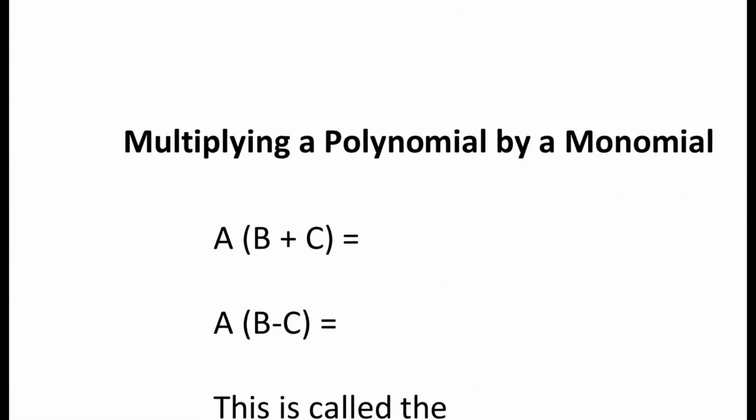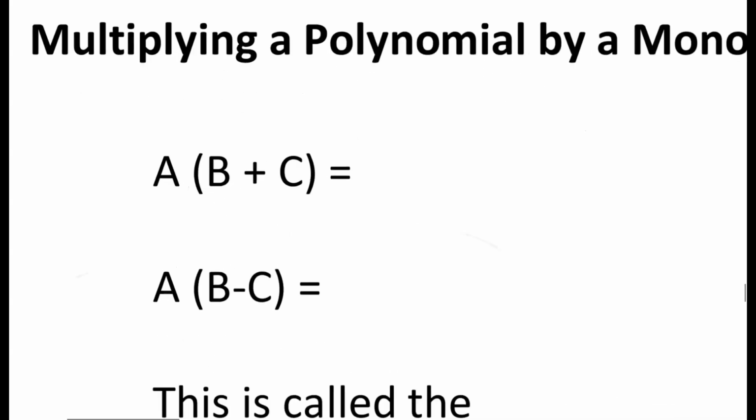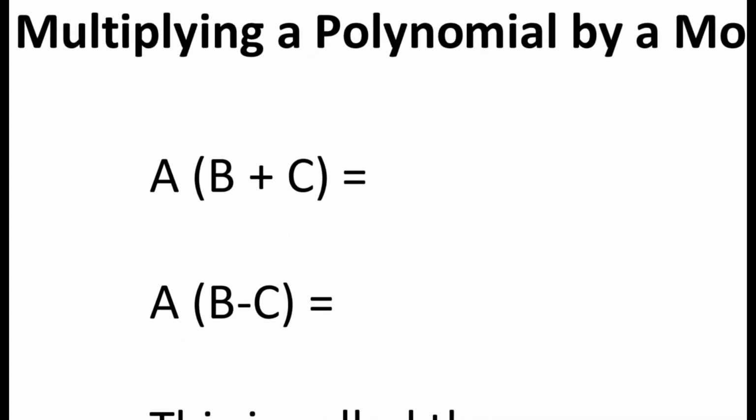Now, looking at multiplying a polynomial by a monomial, what this means is we're going to have a multiplication inside, so 1 multiplying all the way inside. So the a multiplies by the b, and then the a multiplies by the c.